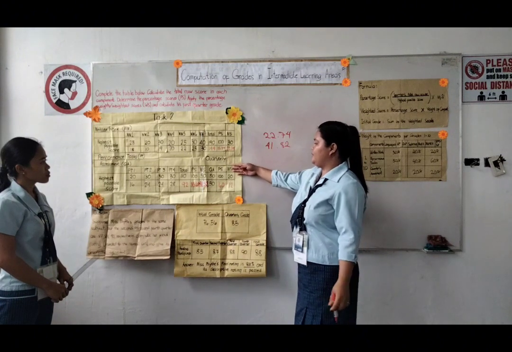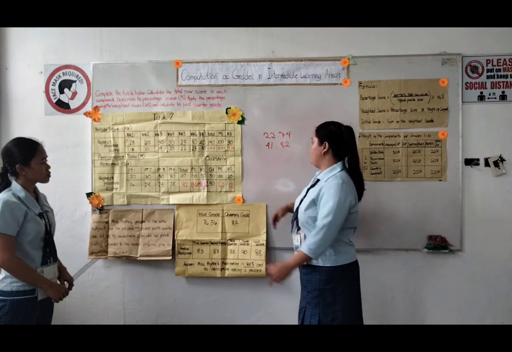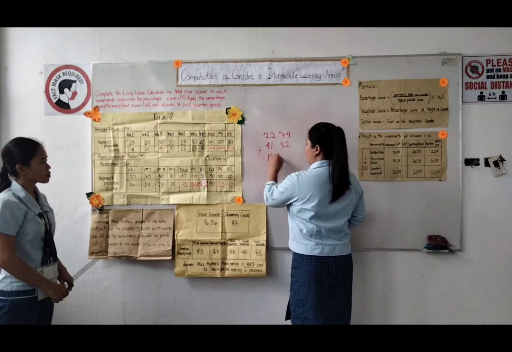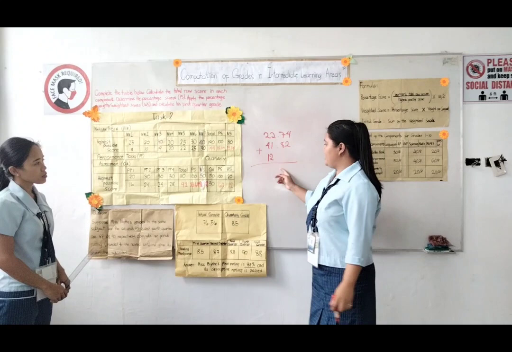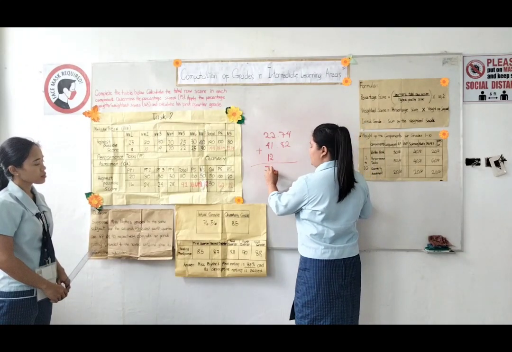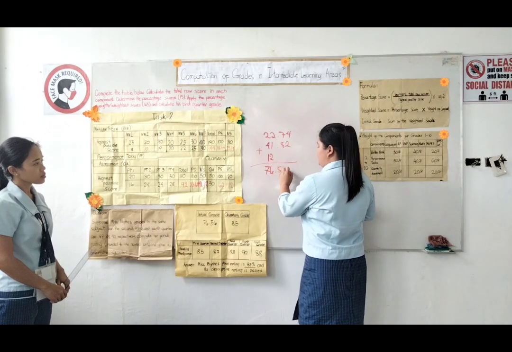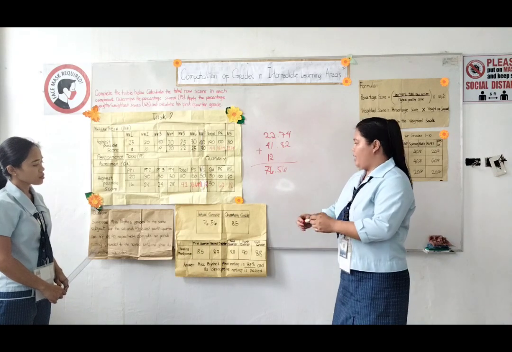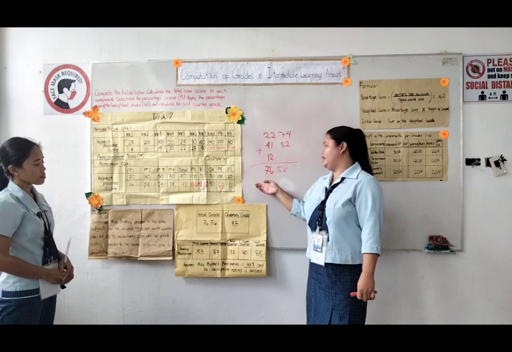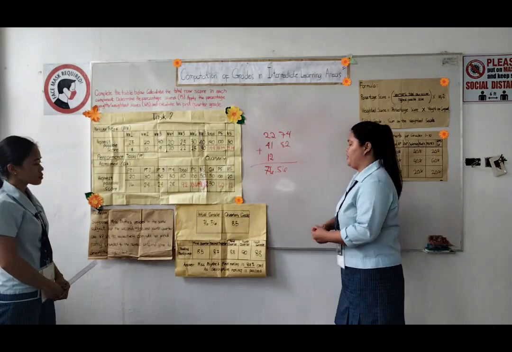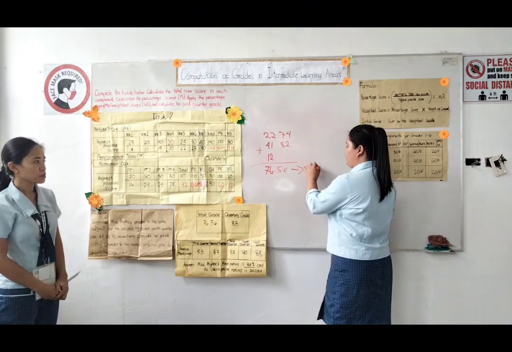In quarterly assessment, we got 12. So we need to add up all of this. So the answer is 76.56. So 76.56 in the transmutation table is equivalent to 85%.